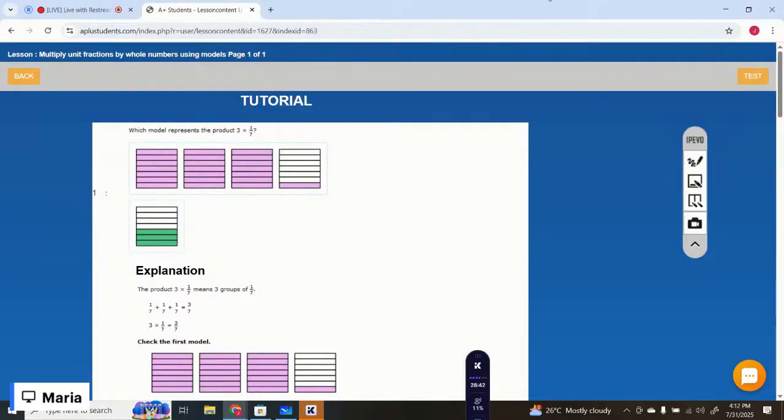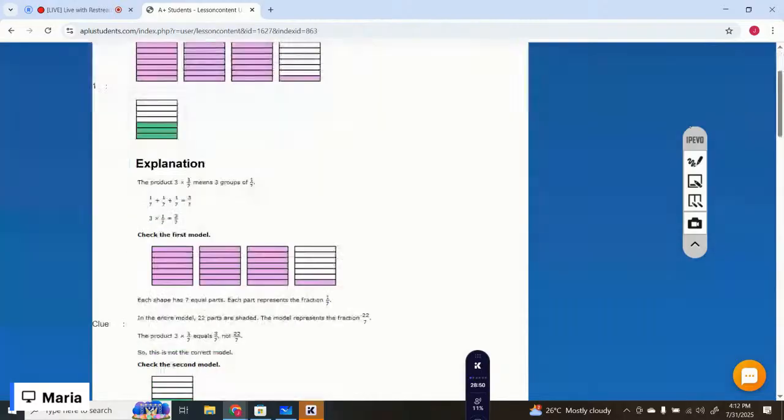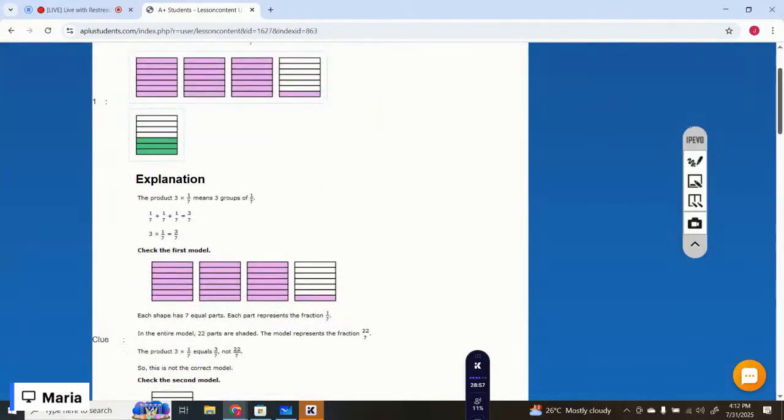Which model represent the product 3 times 1 by 7? So 3 times 1 by 7 is 3 by 7, right? We are given with two models.